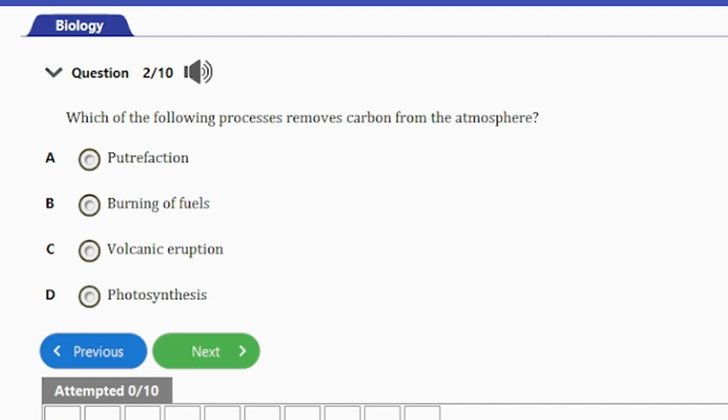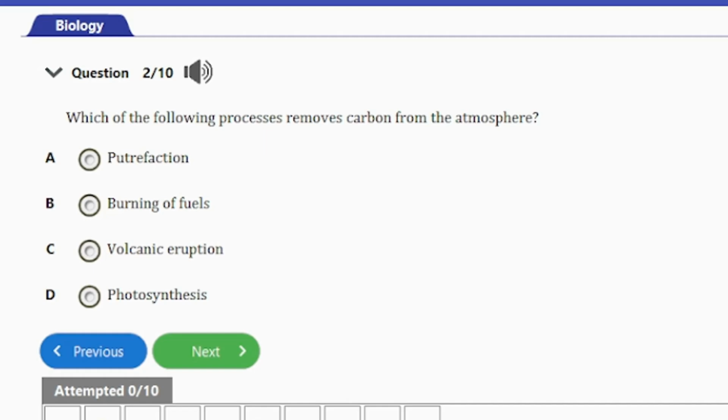Let's consider the next question. Question number 2. Which of the following processes removes carbon from the atmosphere? We have putrefaction, burning of fuels, volcanic eruption, and finally photosynthesis.